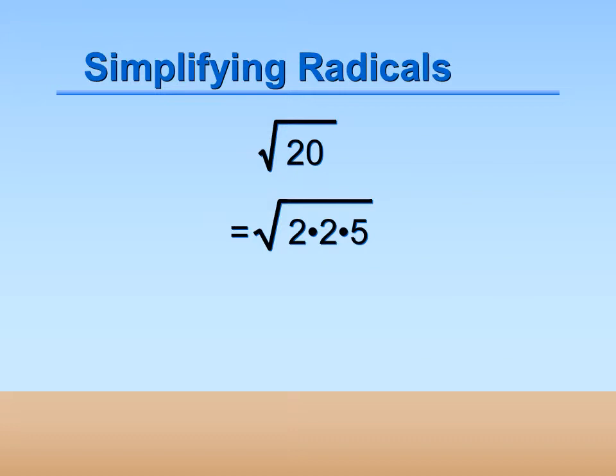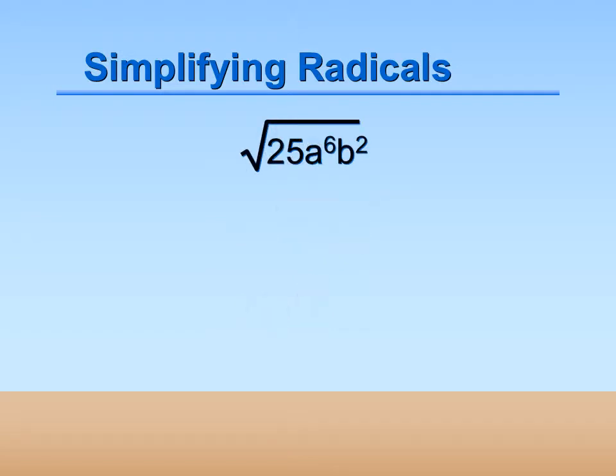If you like to do factor trees, that's what you probably will want to go back to doing. And notice that we have two 2's, which means that we can pull this 2 out, leaving us 2 square roots of 5. So that's how that works.